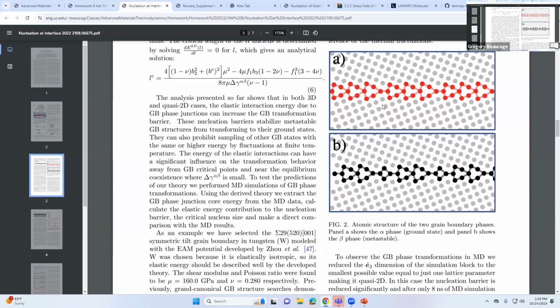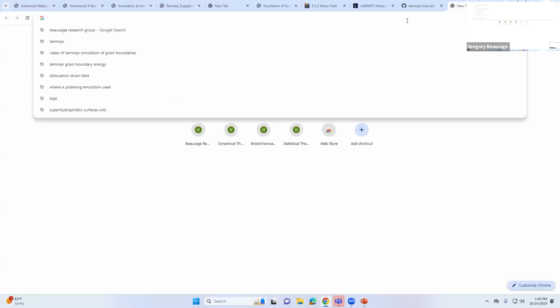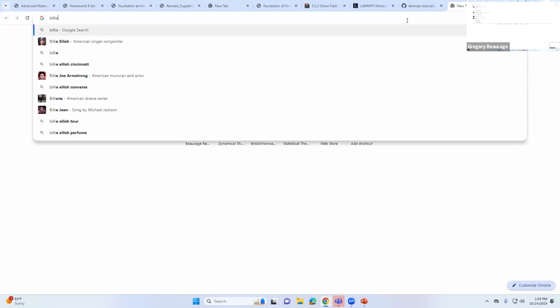You could probably do billiard balls on a pool table in LAMMPS. So it's called molecular dynamics simulation, but it doesn't have to be molecules. And here it's atomic dynamics. So it's a pretty open framework. You can do anything you want. And again, like I said, maybe if you looked at billiard balls in a LAMMPS simulation, you would find it.